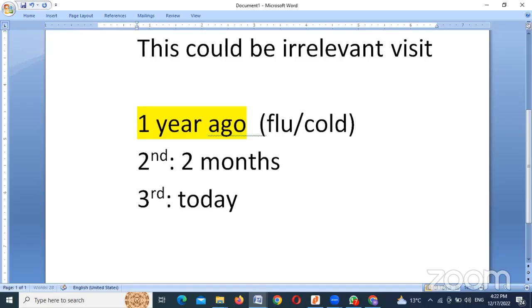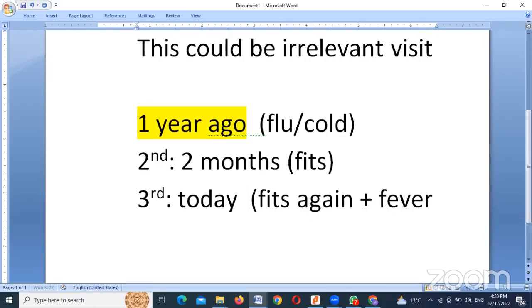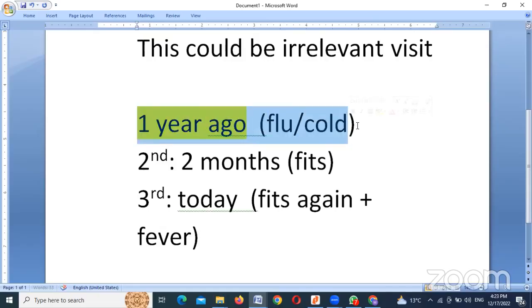Then 2 months ago, the patient presented with fits. And today, the patient presented with fits again, plus fever. Now, what do you think? Is this first visit relevant or irrelevant in this letter?